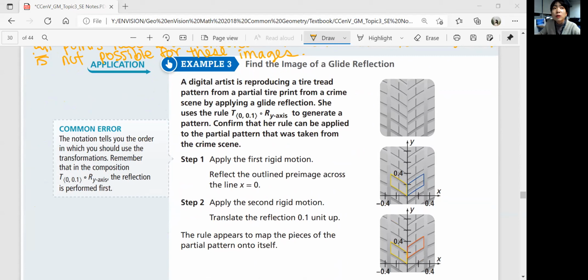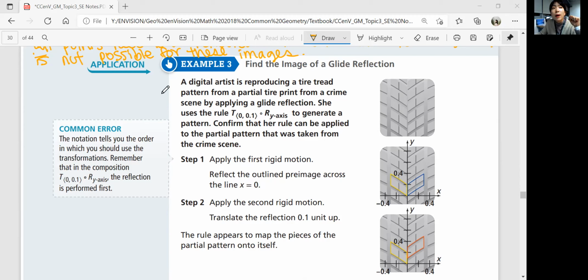She uses the rule translation of 0 horizontal movement and 0.1 vertical movement upwards, followed by reflection across the y-axis. Notice that the capital R represents reflection, and the lowercase r represents rotation. Okay, reflection is the bigger one.